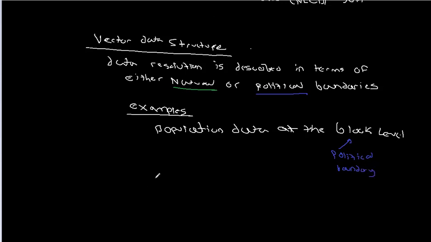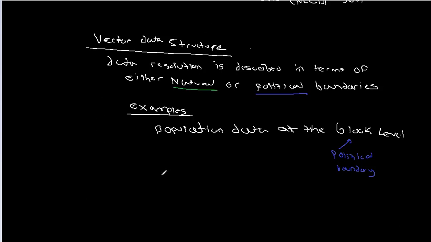Conversely, maybe you're interested in the environment, and rather than population data, you wanted to measure what's called carbon sequestration, which is essentially a measure of how much carbon a particular area is able to store. If it has a high carbon sequestration, it means it's pulling carbon out. If it has a low carbon sequestration, that means it's either emitting more carbon, or maybe it's not interacting in the carbon cycle at all.